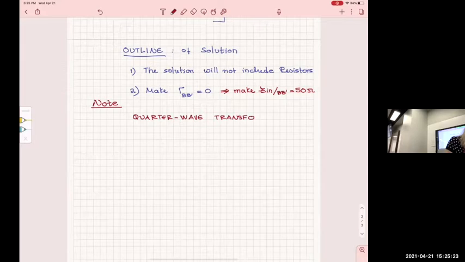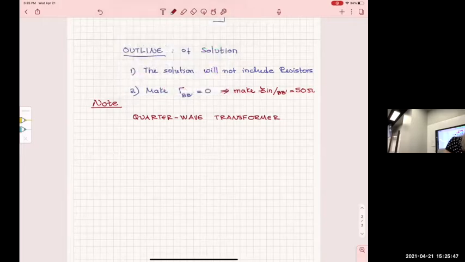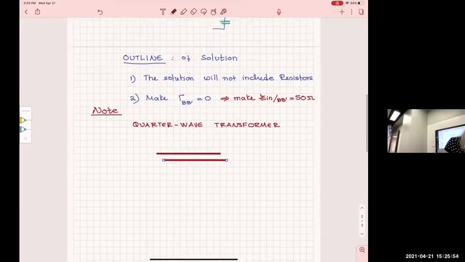is nothing else but a section of a line that has the following characteristics.